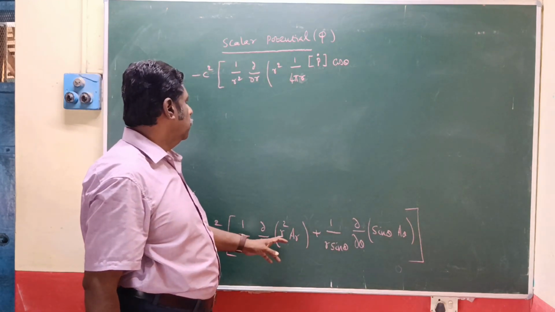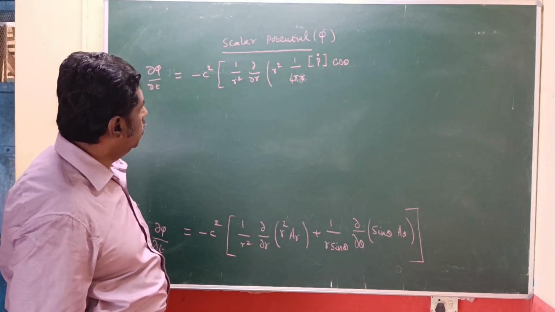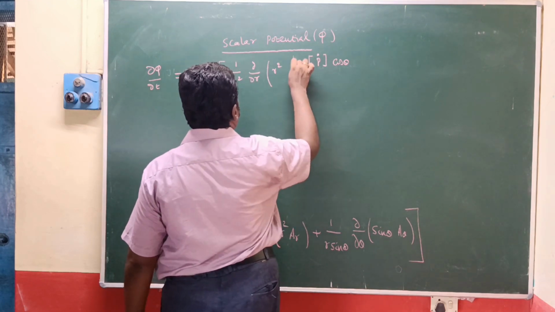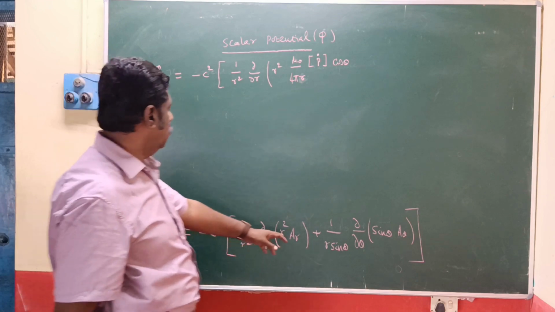So r square into A_r, here the numerator carries mu naught, mu naught divided by 4 pi r, P dot cos theta is the value of A_r.